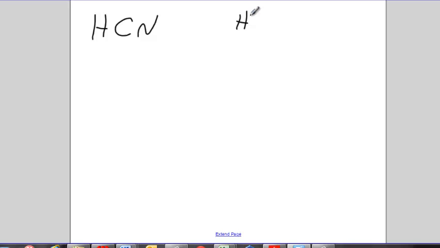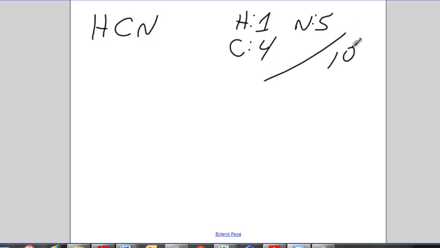HCN. H has 1, carbon has 4, nitrogen has 5, that adds up to 10, and it looks like this. That's a triple bond. Once again, though, my rules are being followed. Here's my carbon. It's still got 4 bonds.